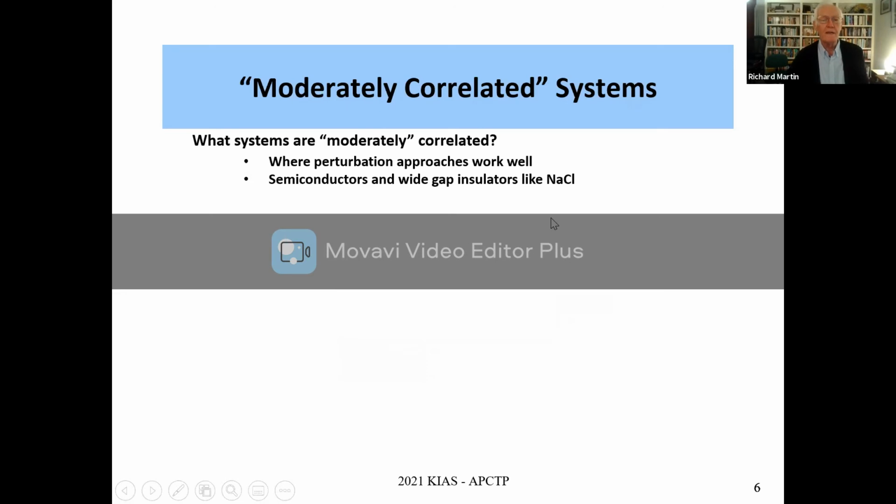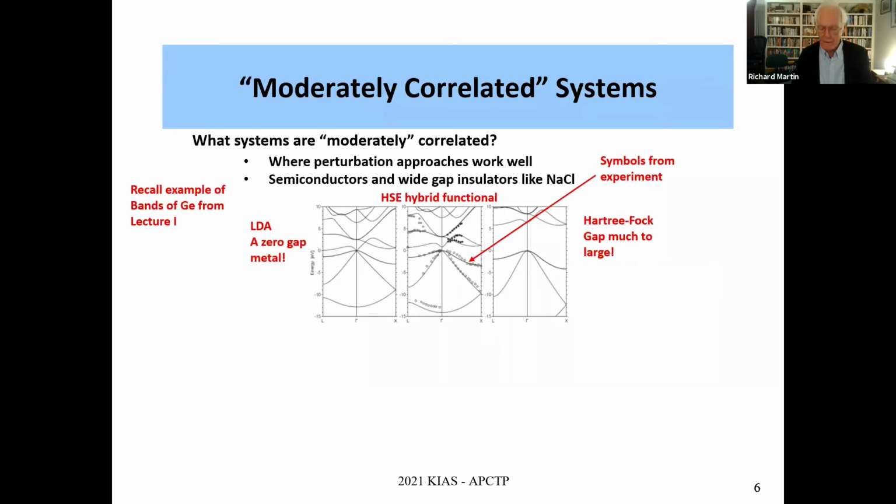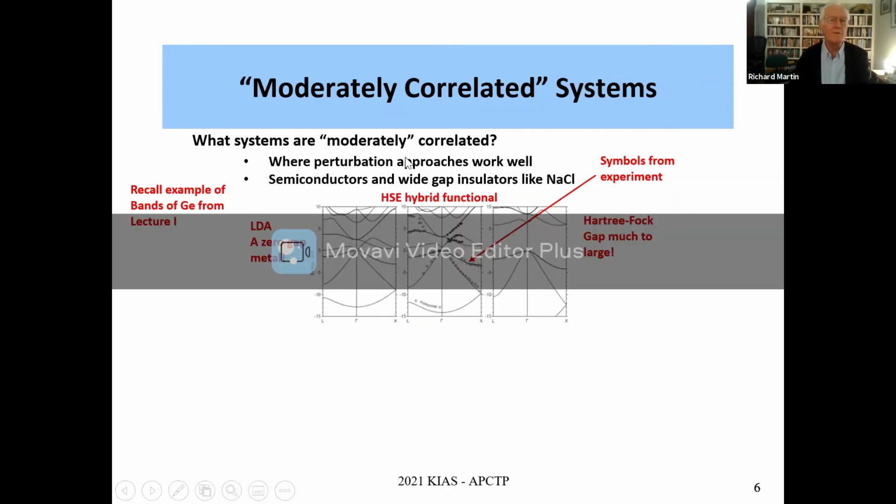So let's look at another case. The case that was mentioned before, germanium, where the hybrid functionals seem to work very well. I forgot to say, this idea of moderately correlated, I think a general way of saying it would be places where perturbation approaches work well. So this is a case where that should be true.